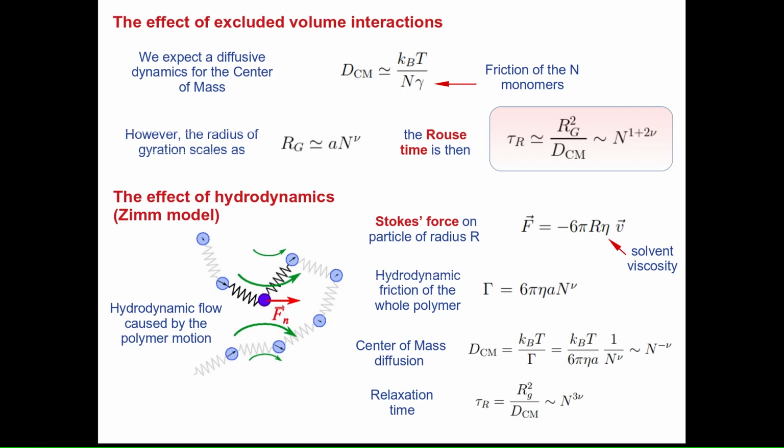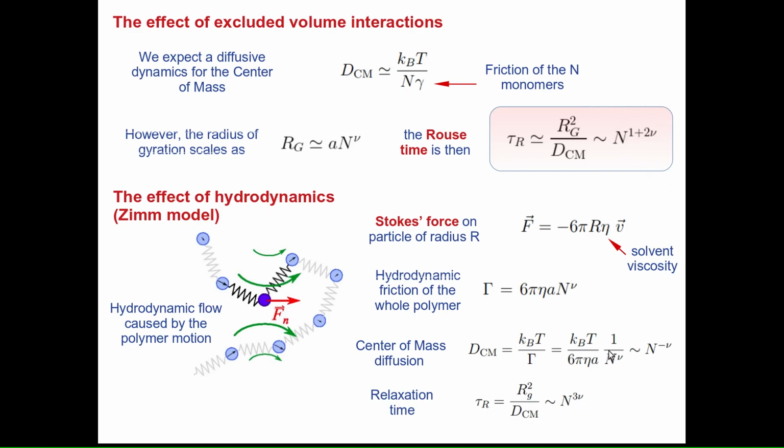It's also the case here. So it's a decreasing function of n, and the relaxation time increases with n because to relax a longer polymer one needs more time. Here it increases as n to the 1 plus 2 nu, and there as n to the 3 nu.